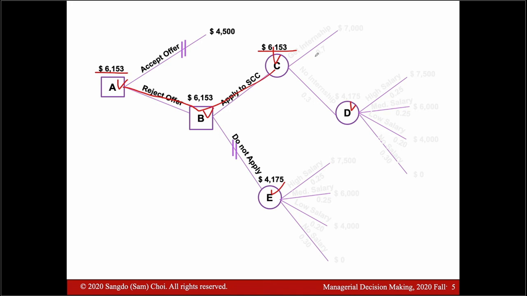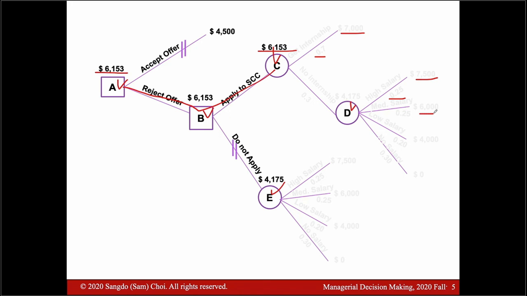However, there are some possible scenarios. With a 70% possibility, you can get $7,000. Otherwise, if you do not get any internship from SCC, then probably you can go to the job fair. At the job fair, the highest salary you can expect, but the scenario is only 25%.